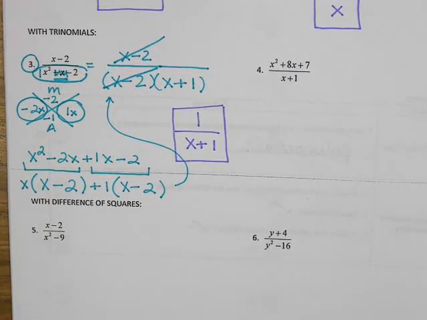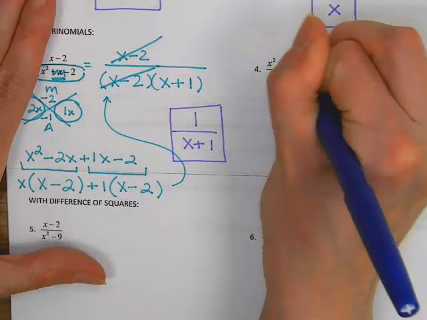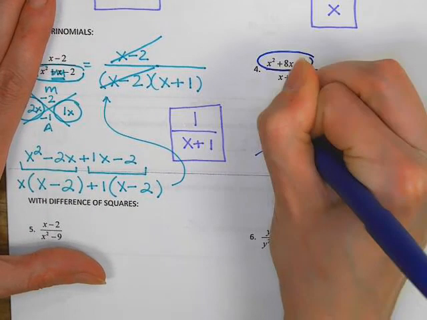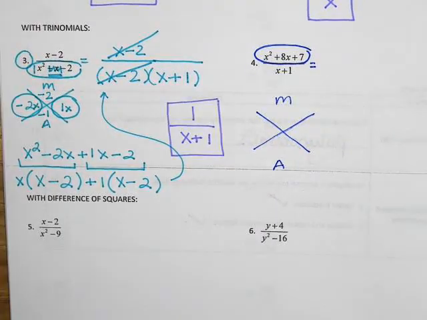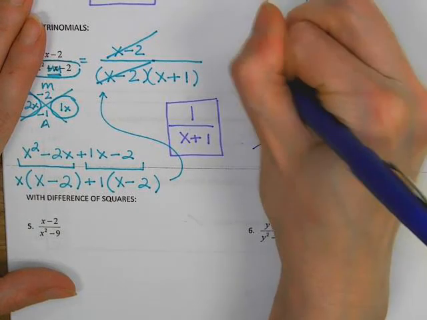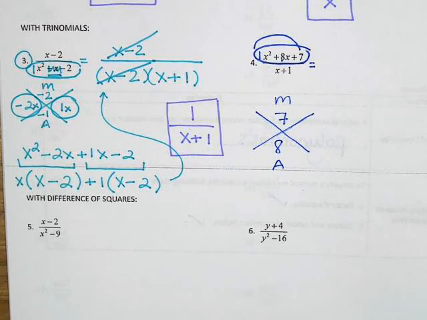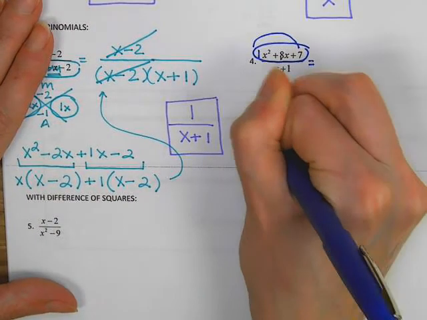Okay, let's try one more of those. Okay, so on this one, this guy we're going to have to do an MA table and factor by grouping. Okay, so guys, let's find two numbers that add to 8, multiply to 7. And that's going to be 7 and 1.